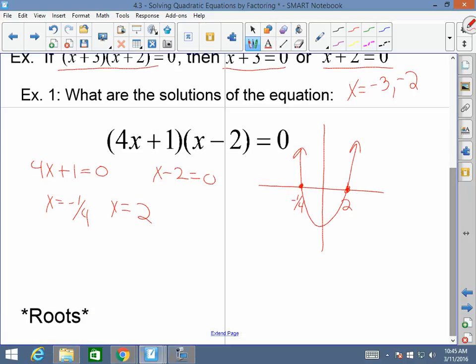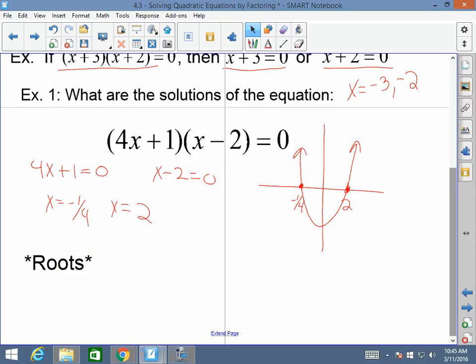Now, these roots, okay? We had said the word roots before as a solution. Sometimes they will give you the roots of an equation, the solutions, and then they want you to find the quadratic function that it came from. Well, that's super simple, boys.